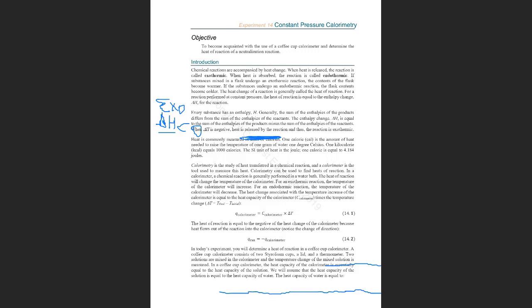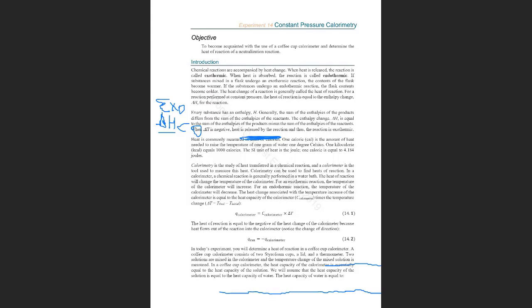It's not the mass, but when you are given the specific heat of the calorimeter, if you want to be a little bit strict, for another kind of calorimeter, not a coffee cup calorimeter, you can say that the heat of the reaction equals the heat that the solution absorbs plus the heat that the calorimeter absorbs.